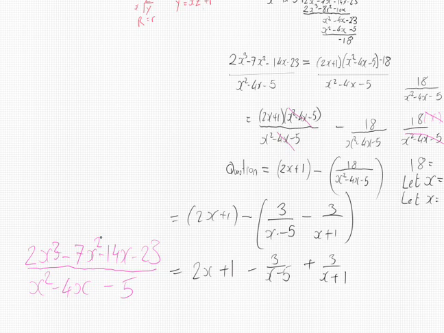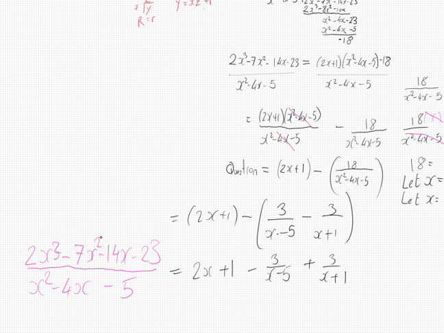This was my original question, and I've managed to rewrite it in this form: a linear term plus a number over a linear plus a number over a linear. And the reason we're doing this is because if I want to integrate this, I can't. It's too difficult. But if I want to integrate this, I can.